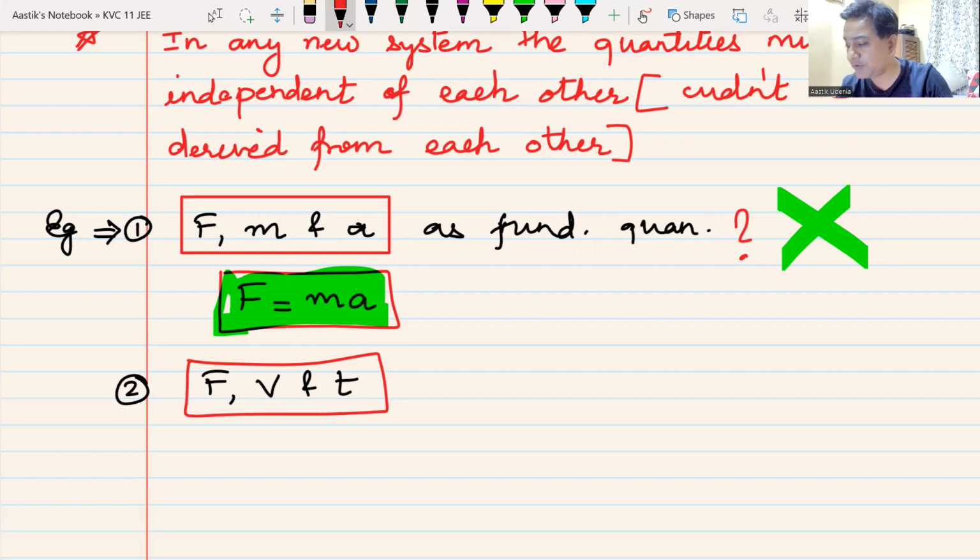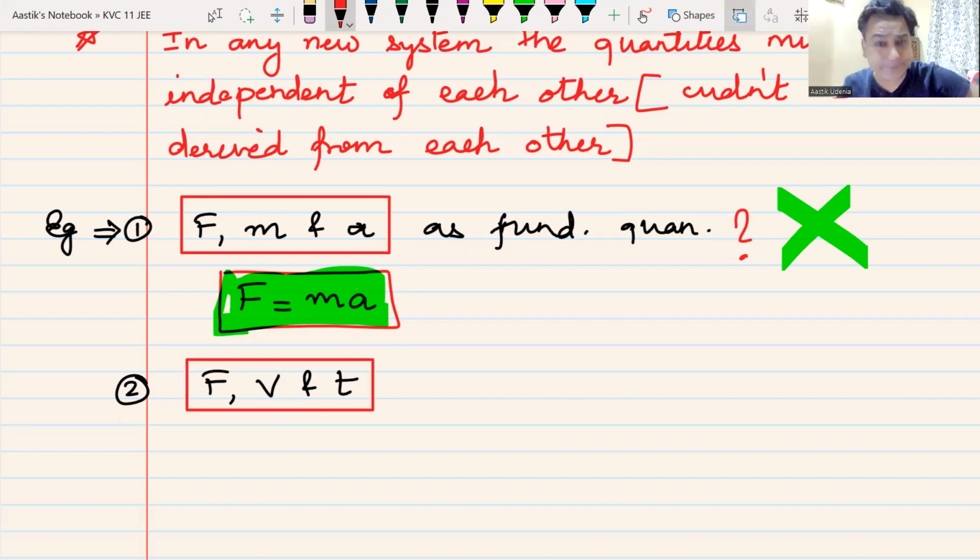What does F stand for here? Force. Well done. V, velocity. T, time. Can I have a system where I have force, velocity, and time as my fundamental quantities? Yes or no?